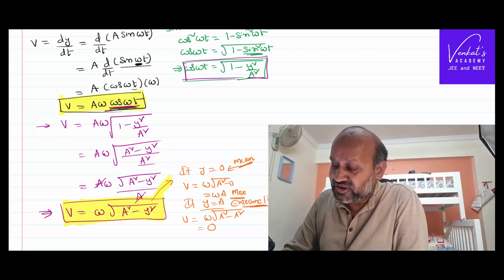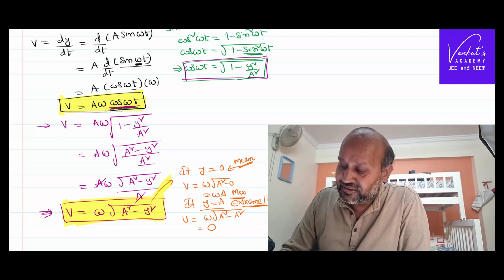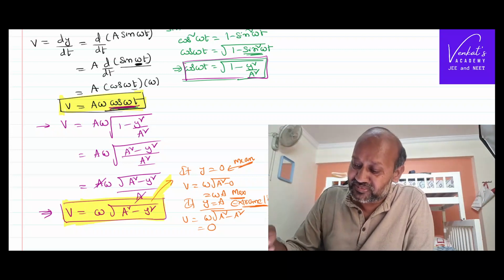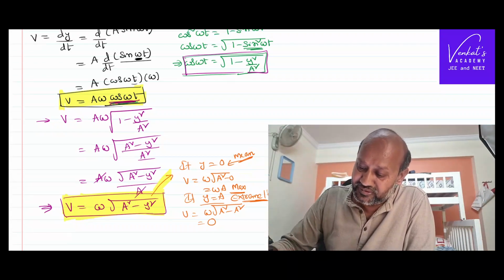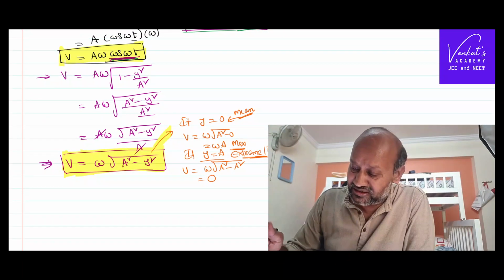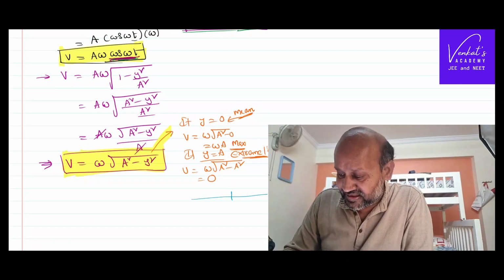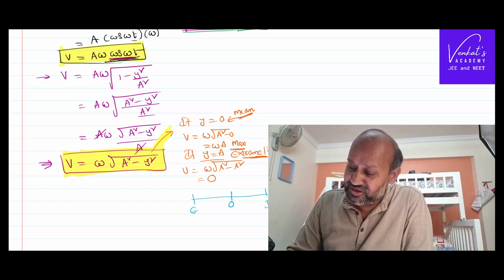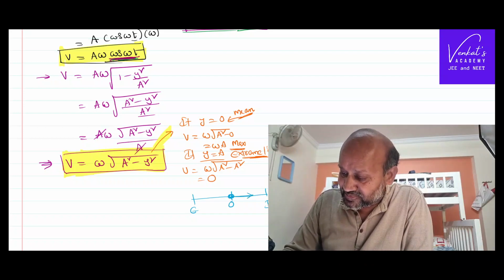So you can have velocity 0 at an extreme position, and at mean position, velocity is maximum. So what do you mean by that? What is the takeaway from that? If you try to understand a little carefully, this is the mean position. Say, for example, this is one extreme position. This is another extreme or end position. At mean position, if the particle is moving like this, velocity is maximum.